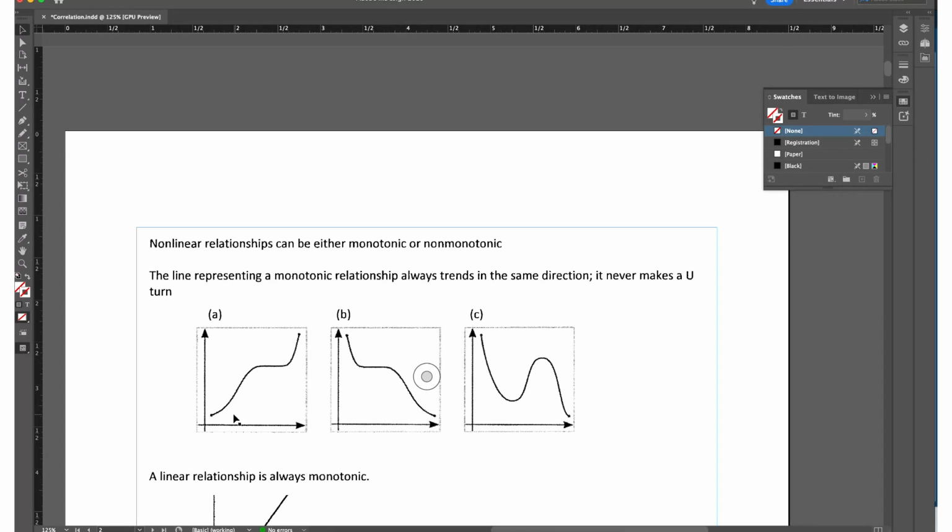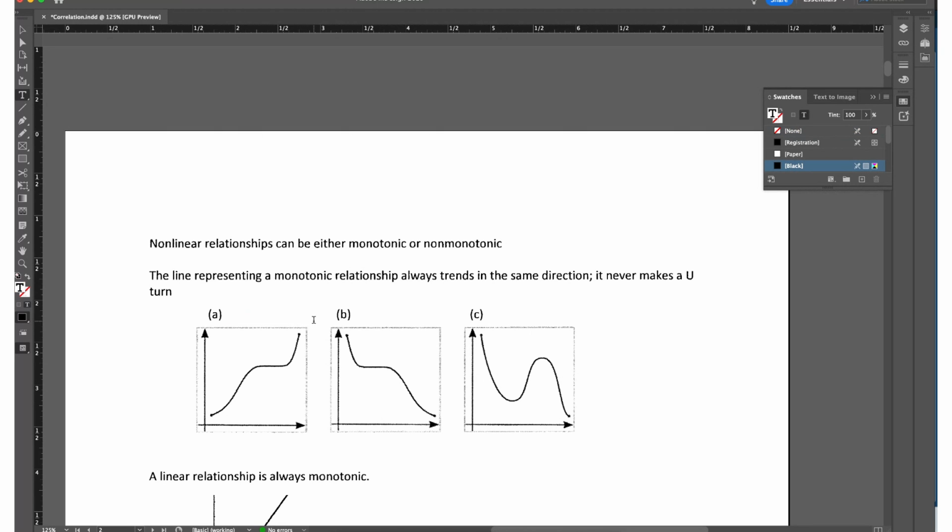So when you look at A over here, this is monotonic because it goes in one direction. Yes, it goes up and then levels off a little, but then it goes up again. So it's going in the same general direction, and the same thing goes for B. So let's put that here.